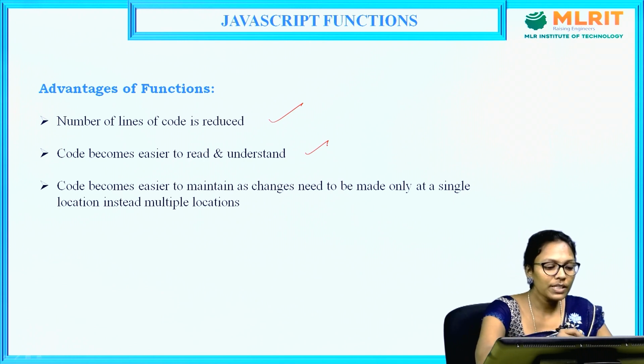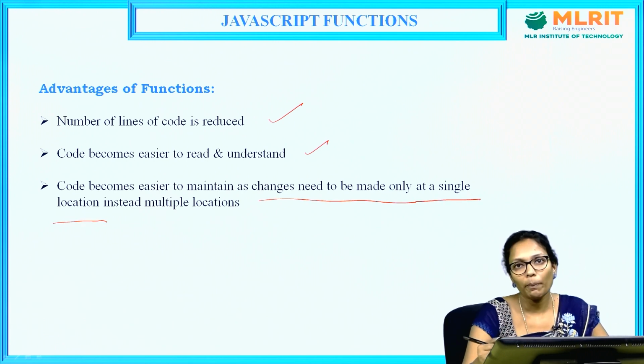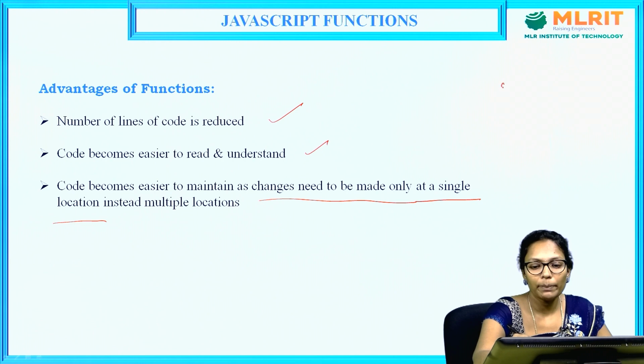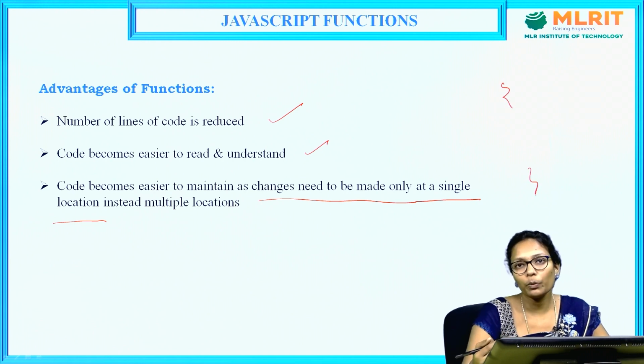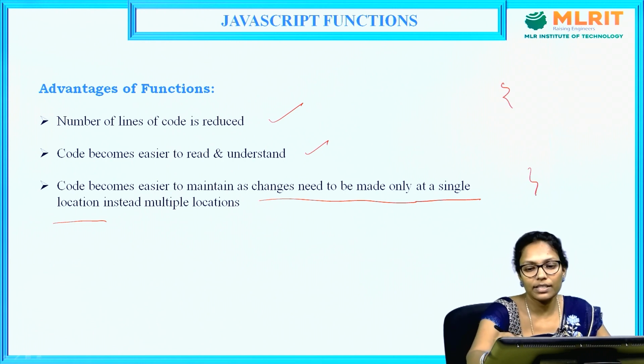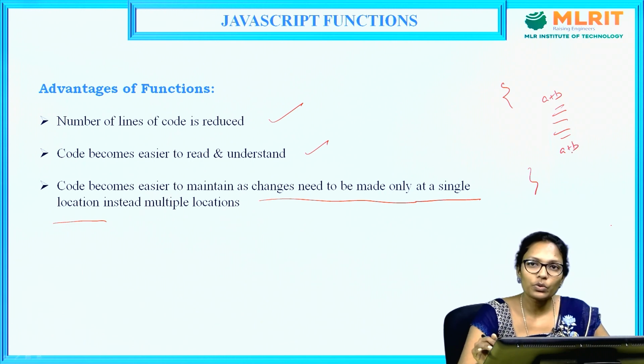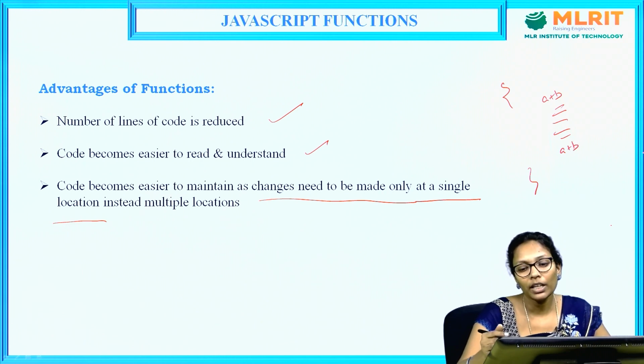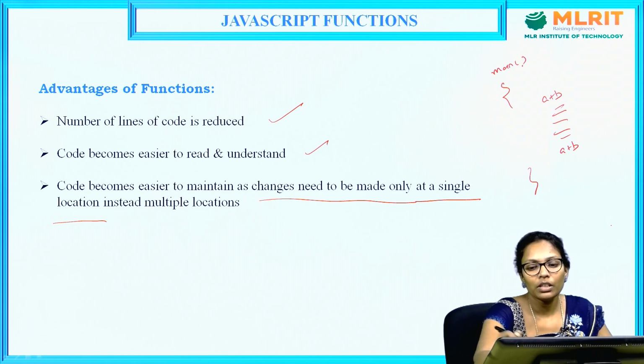The code becomes easier to maintain, as changes need to be made only at a single location instead of multiple locations. For example, in my main function, I want to perform addition for two different cases. I perform addition, and after some statements I do addition again. If I want to modify the addition part, then you have two additions in the main function, so you go here, modify, go here, modify.